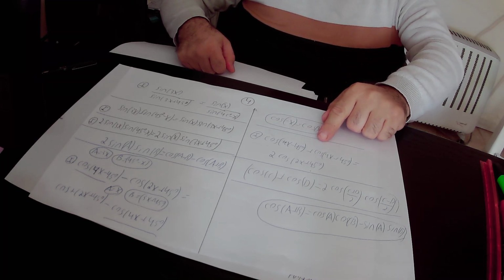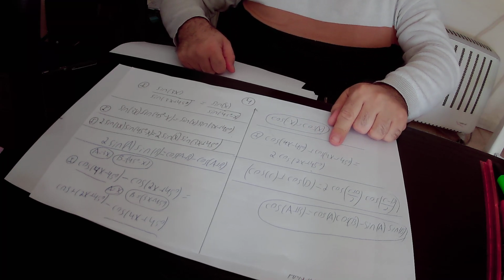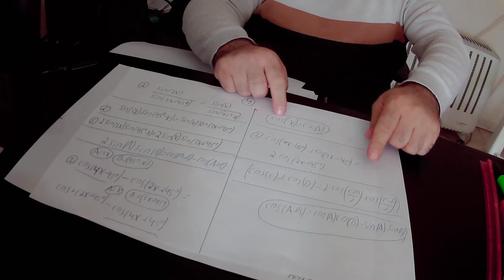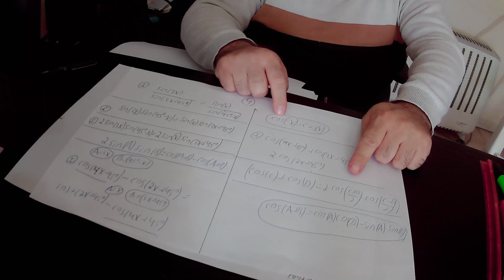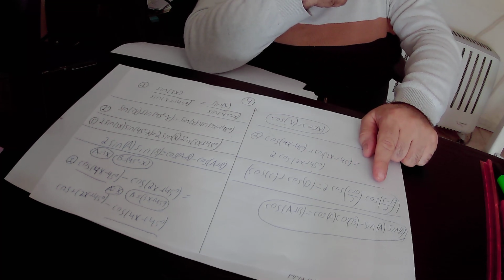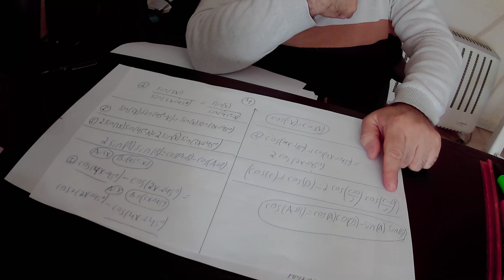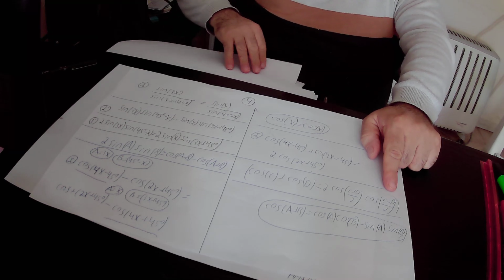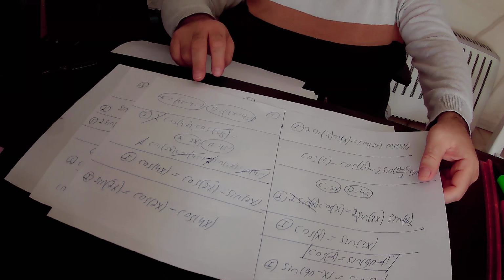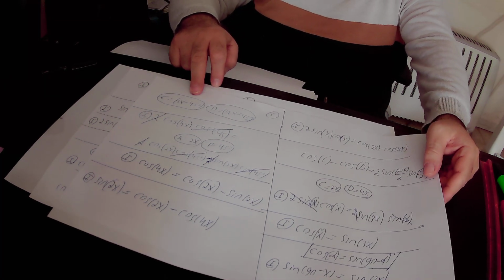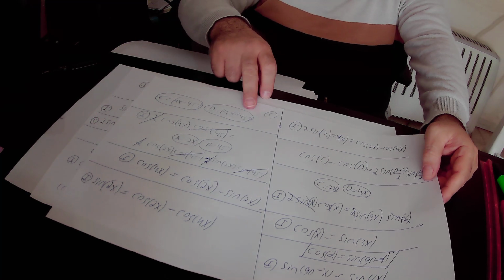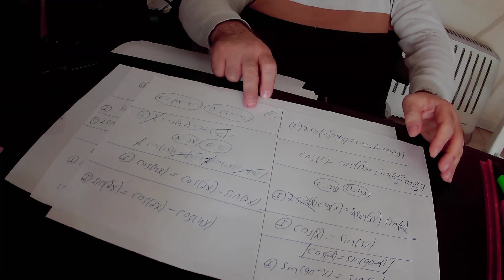So we start with this expression according to the identity that cosine c plus cosine d equals 2 cosine c plus d over 2 times cosine c minus d over 2. Here C equals 4x minus 45 degrees, and D equals 4x plus 45 degrees.